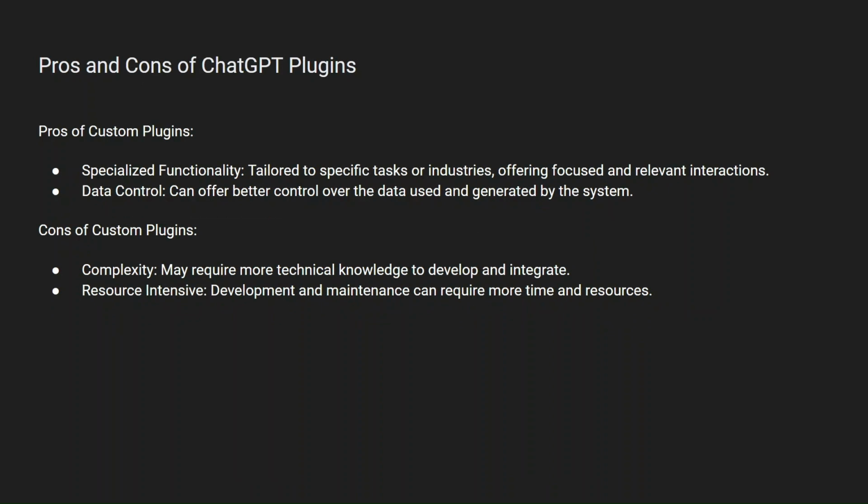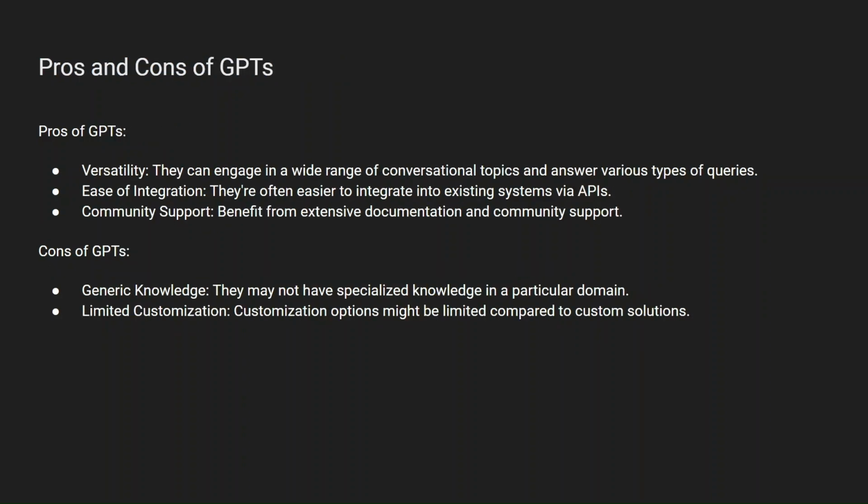I hope this gave a good overview of the difference between plugins and GPTs. To put it simply, GPTs are nothing but an extension of custom instructions, building task-specific and use-case-specific GPTs on top of it.